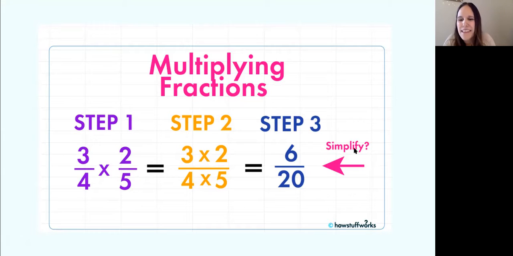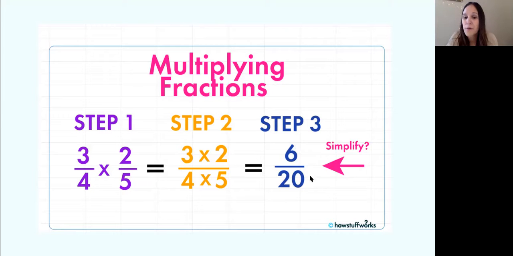The last step is to simplify. What do we mean by simplifying a fraction? Probably all of you remember this. We're just breaking it down into its smallest part. So we're thinking about what number can we divide, or what's the biggest number that we can divide both of these numbers by in order to simplify the fraction down.